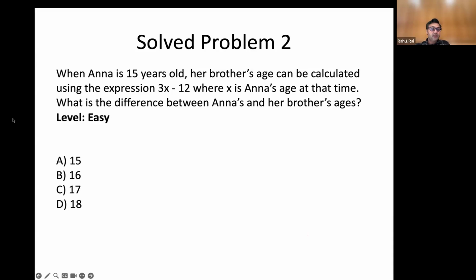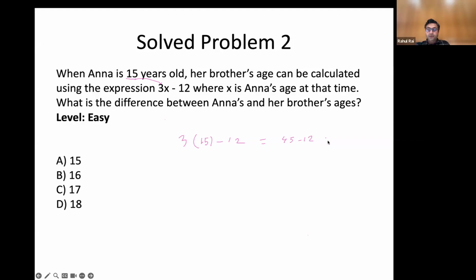So what this is saying is that when Anna is 15 years old, her brother's age could be calculated using this expression, where X is Anna's age at this point in time. Okay. So I can use the value of X equal to 15 in this, right? So this is X. I will substitute that here, and that minus 12 will give the age of her brother, right? So this will be 45 minus 12.